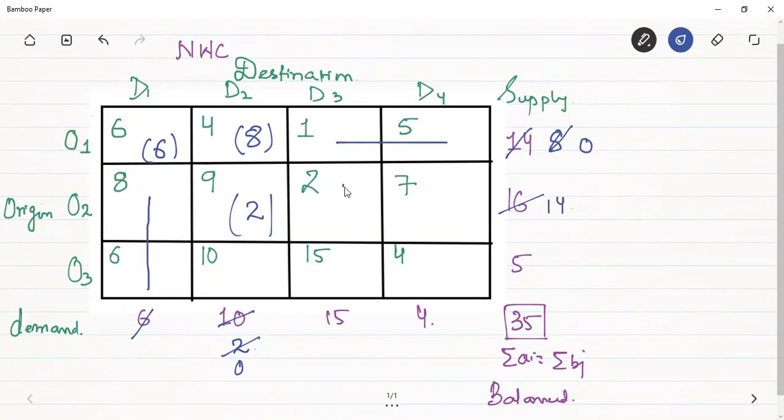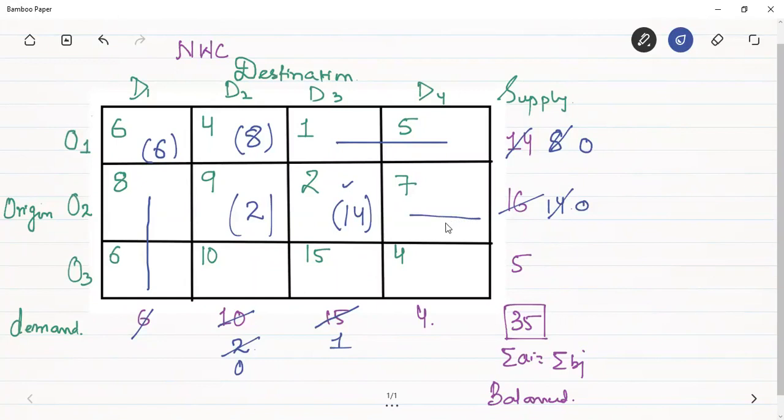After that, this cell will now get allocated. 14 units can be allocated here, and the supply of this origin second is now exhausted. The demand was 15, 14 has been fulfilled, only 1 unit is left here.